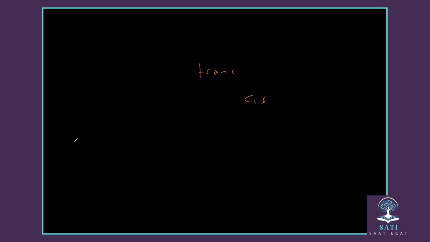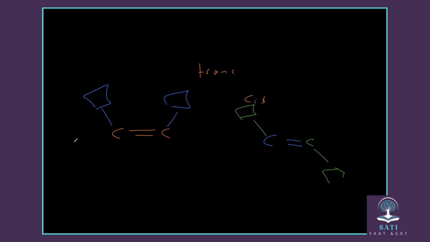Geometric isomers means we have the same double bond and substituents, but I can change their places. Instead of both being up here on the same side, I can change them to be one in this part and one on this part.